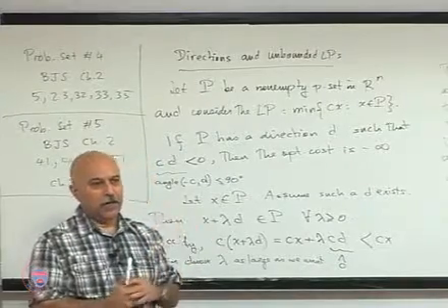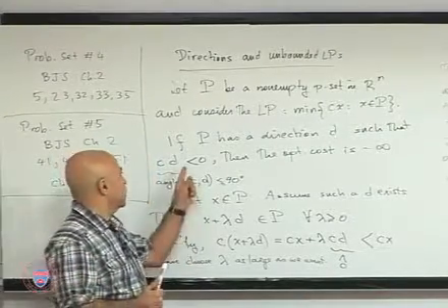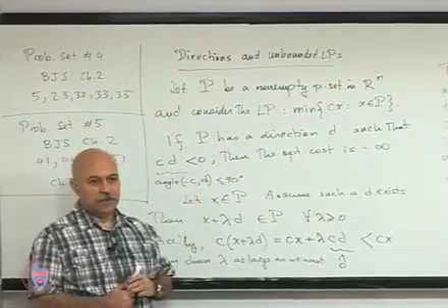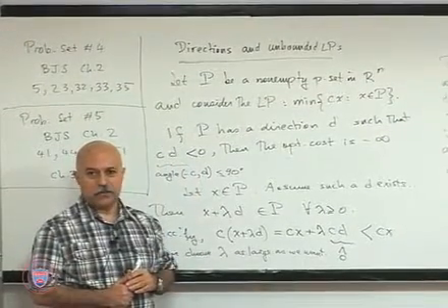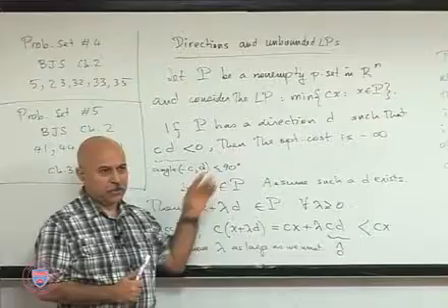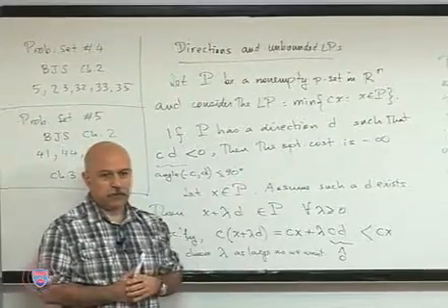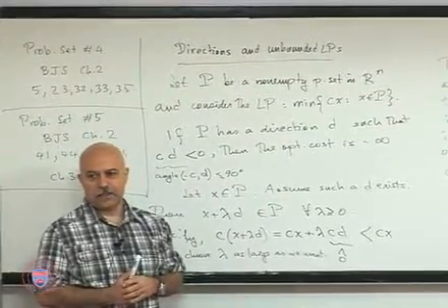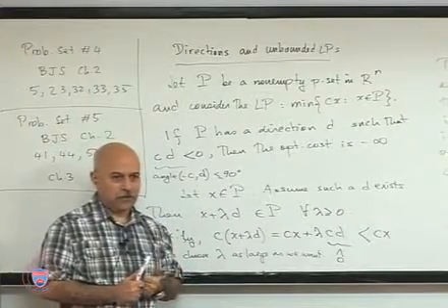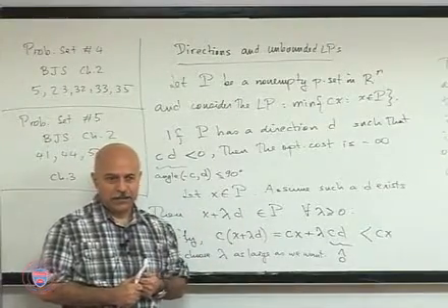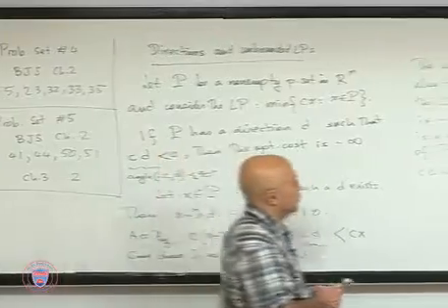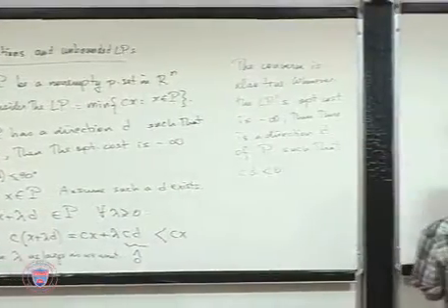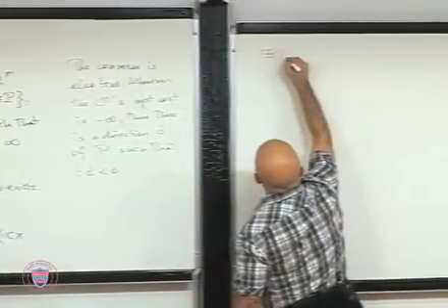It turns out that there's a subset of the directions of any polyhedral set which actually accomplishes what we're trying to accomplish here. And what subset is that? That's the set of extreme directions, which I haven't defined yet, but that's what we're going to do now. So let's talk about extreme directions.